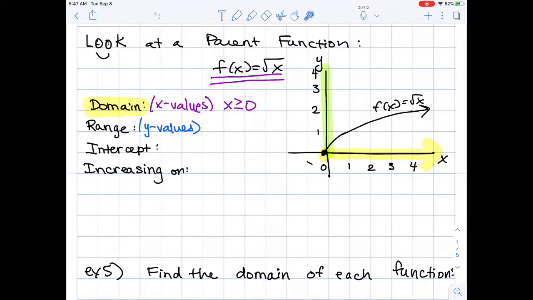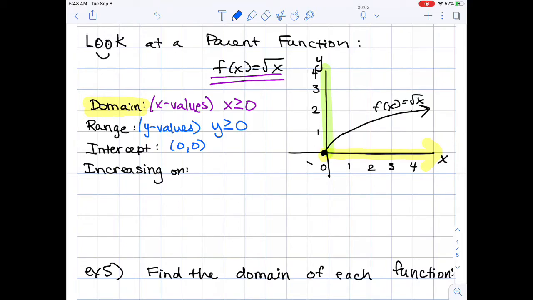So we say that the range, or the y values, are that y is also greater than or equal to 0. Okay, so what's the intercept? The intercept is at 0, 0.